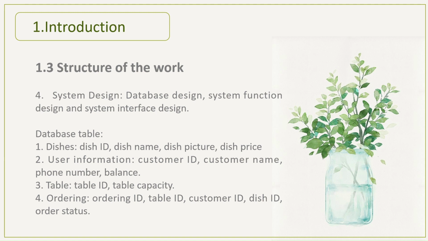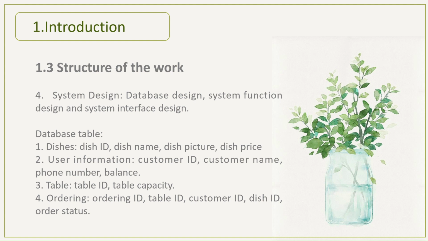For the table table, it includes table ID and table capacity. And finally is the ordering table. The ordering table includes ordering ID, table ID, customer ID, dish ID, and order status.